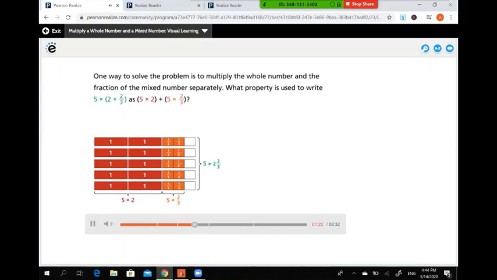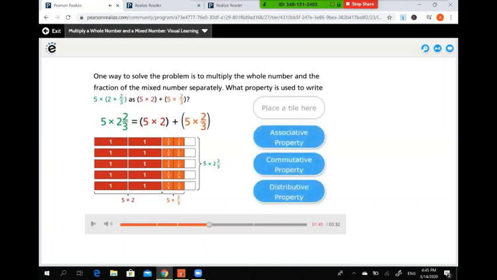What property is used to write 5 times (2 plus 2/3) as (5 times 2) plus (5 times 2/3)? Select your answer.